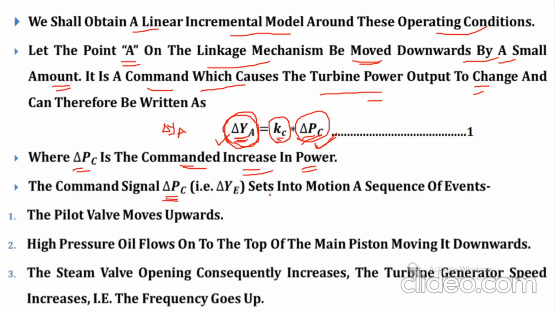So if we move point A downward, then the sequence of events will look like this.